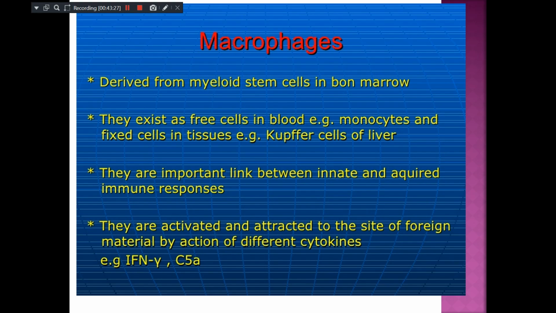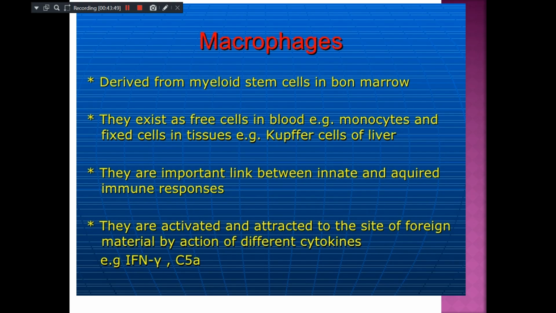Other cells are macrophages. These macrophages are derived from the myeloid stem cells in bone marrow, and they usually are in circulation in the blood in the form of monocytes, or Kupffer cells in the liver.